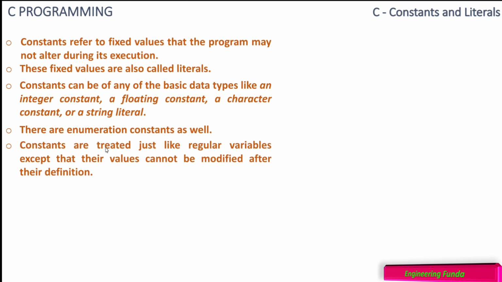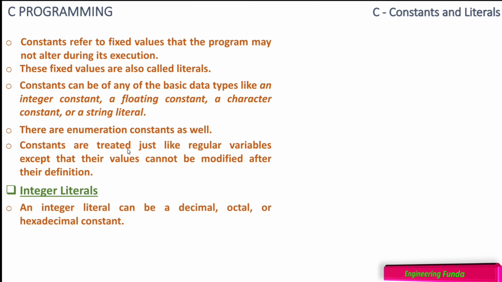So constants are treated just like a regular variable, except that their values cannot be modified after their definition. So once they are defined, we cannot change them, we cannot modify them. So let us start looking at this with the integer literals.